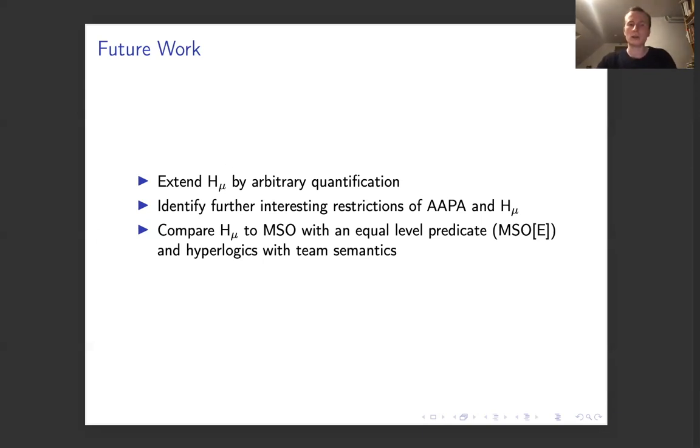And finally, we would also like to compare our work to hyperlogics with team semantics. Team semantics is a very new approach to semantics and has also been studied for hyperlogics. And we would like to see, first of all, how the logics compare to ours in expressive power, and also how the team semantics approach could possibly be used to enrich our own approaches.